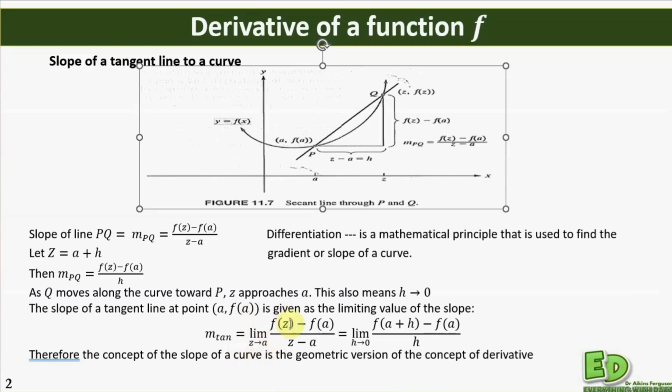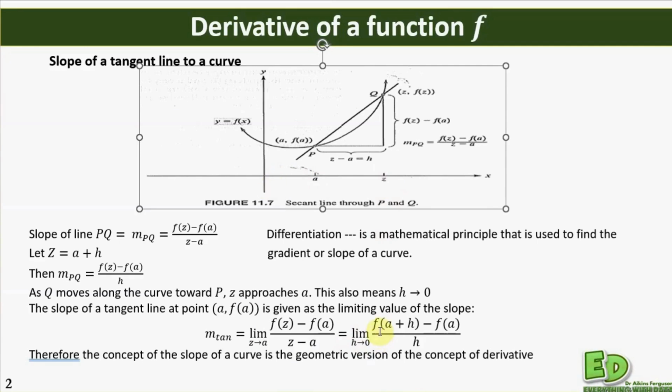Our y2, which is f of z, minus y1, which is f of a, all over x2, which is z, minus x1, which is a. It is equal to the limit as h approaches 0, right? Because z approaching a is the same as h approaching 0, the horizontal distance approaching 0.